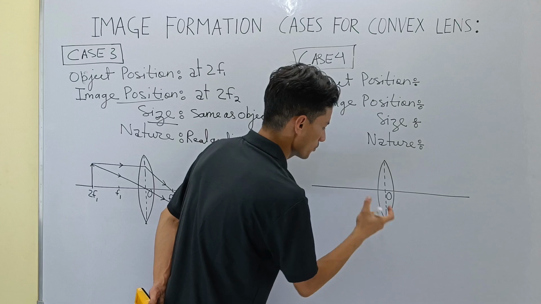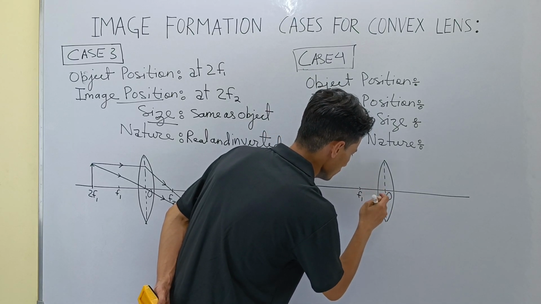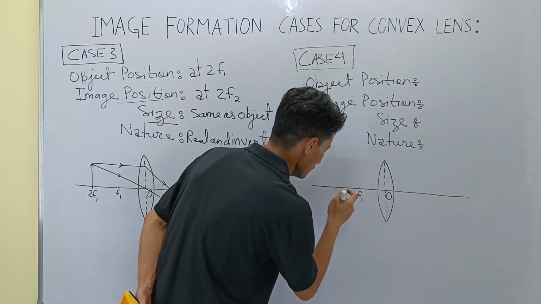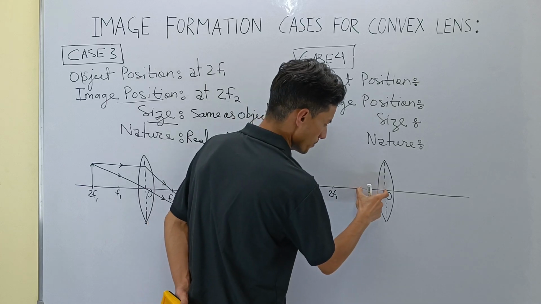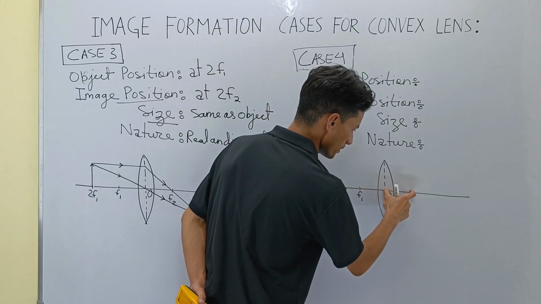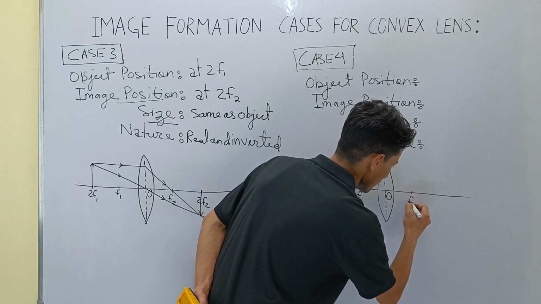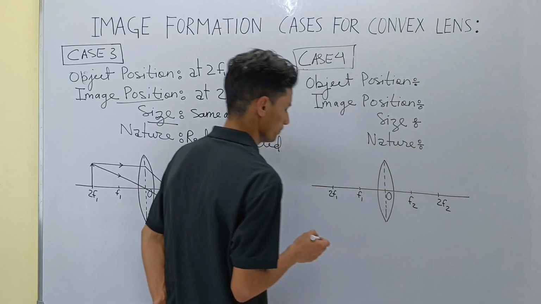Then take your focus, so let this be my f1. Taking the same measurement, I get my 2f1. Using the same measurement, I go forward on the right side to get my f2 and 2f2. So this becomes my f2 and this becomes my 2f2.